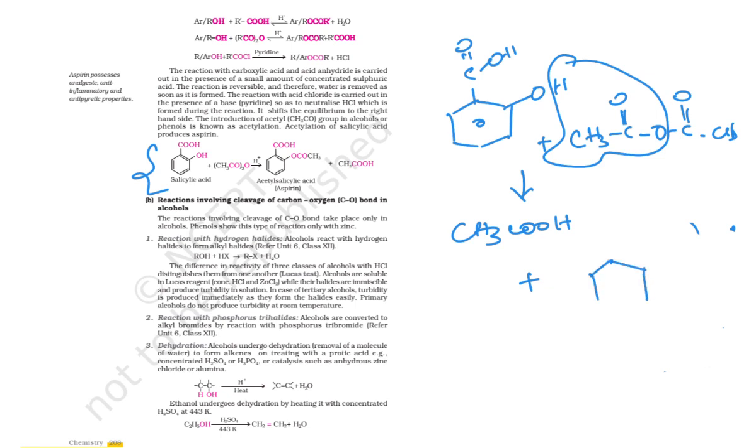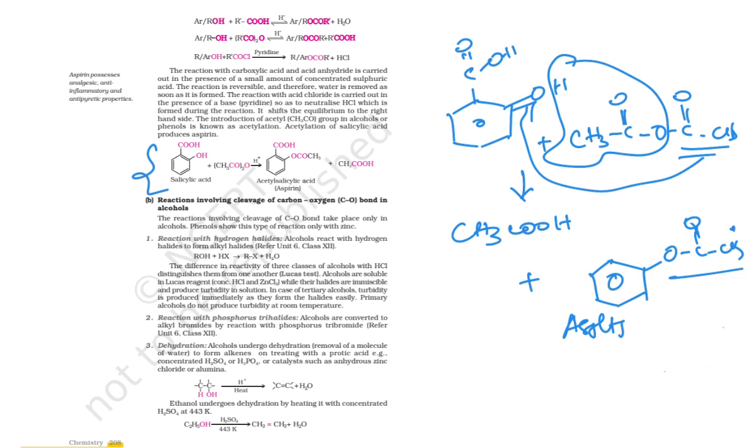Then the rest of the acetyl group is going to join with oxygen, right? So this becomes O, C double bond O, CH3. This we call acetylsalicylic acid. This we call aspirin.